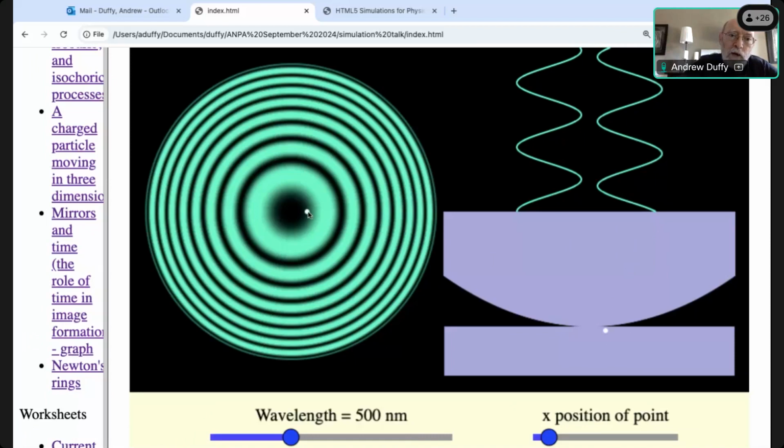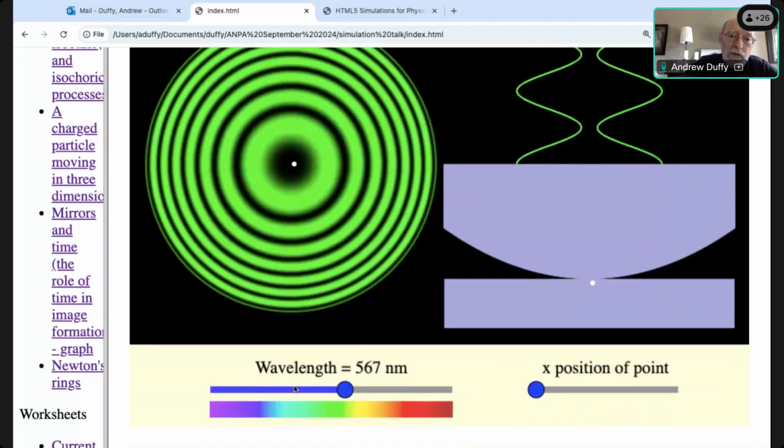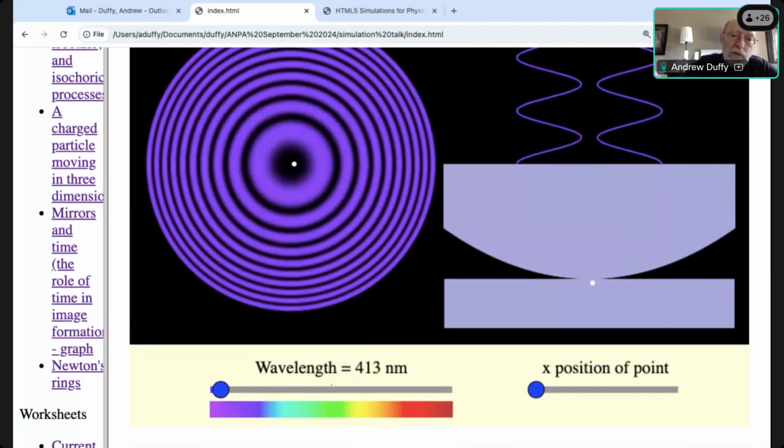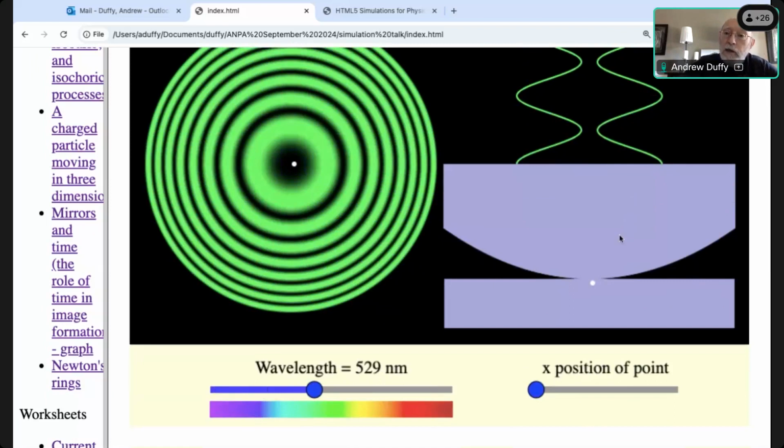Okay, and why do we get, oops, I need to move this slider here to get this thing in the middle. So what you see when the thing is in the middle, no matter what the color is, you can adjust the color to be whatever you want in the visible spectrum, no matter what the color is in the middle, we always get destructive interference, and you can see why.